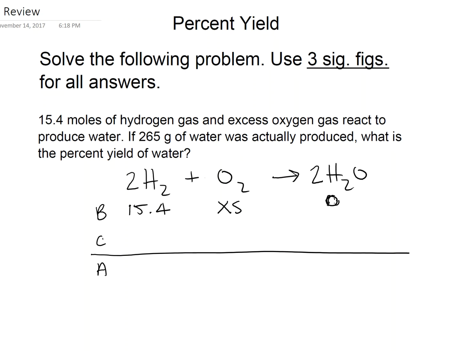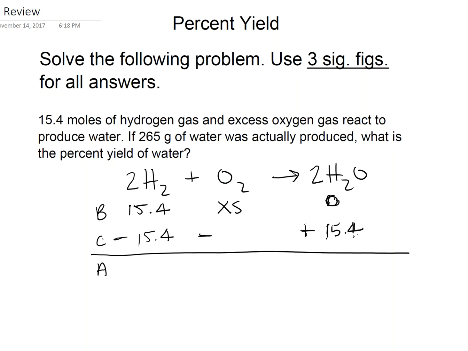Then we're going to solve our BCA table as always, and we're going to subtract our reactants, add our products, and we will subtract all of the substance that we know we have, the whole 15.4 moles, and anything with the same coefficient of 2 will also be 15.4 moles.